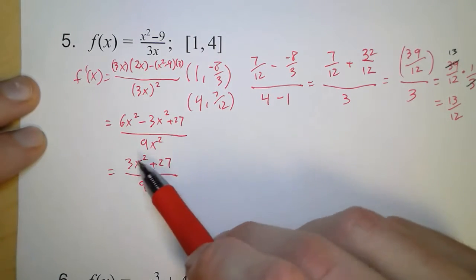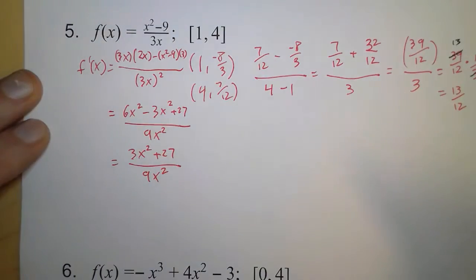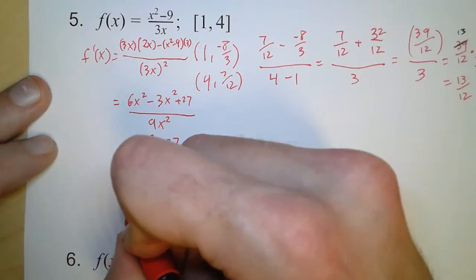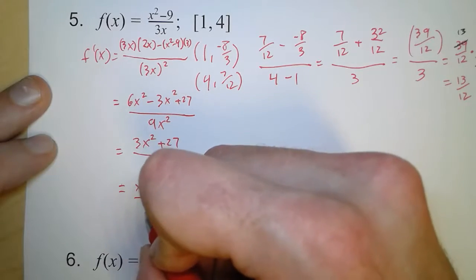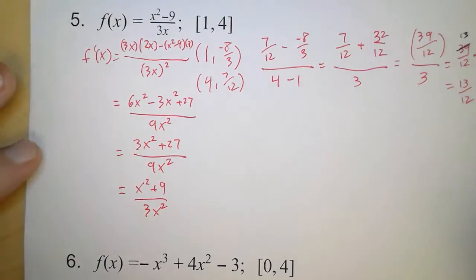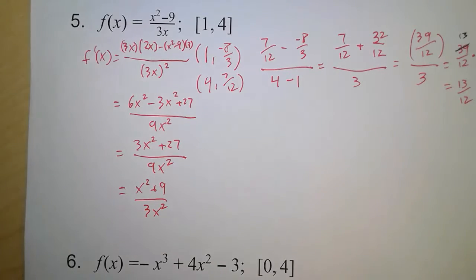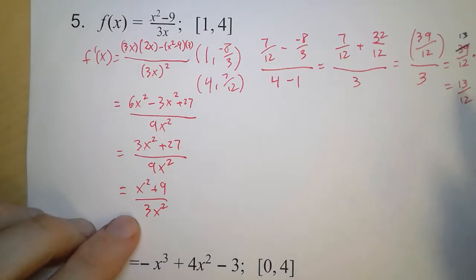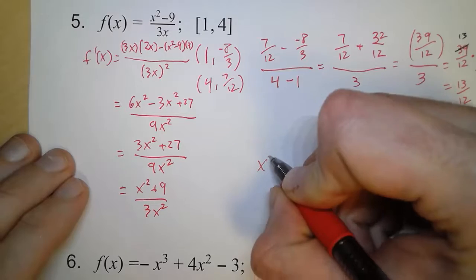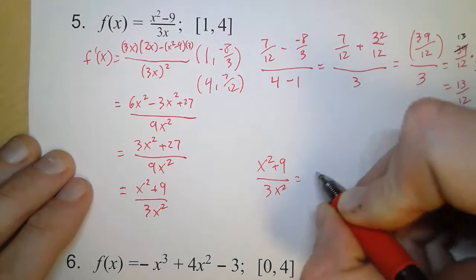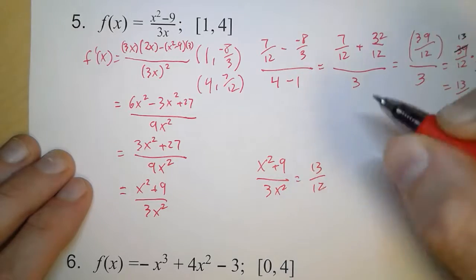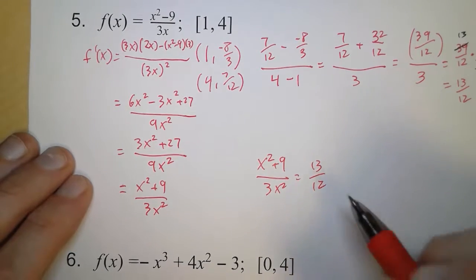Now everything here has a factor of 3 that we can cancel out. So we have x squared plus 9 over 3x squared. All right, so now we set this equal to 13/12. So x squared plus 9 over 3x squared equals 13/12. And so here again we can cross multiply.